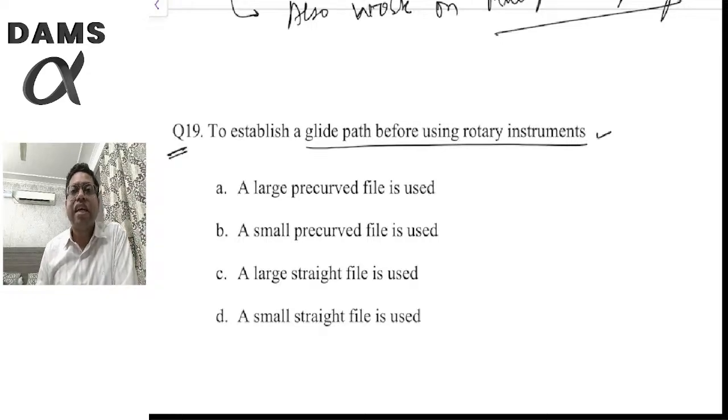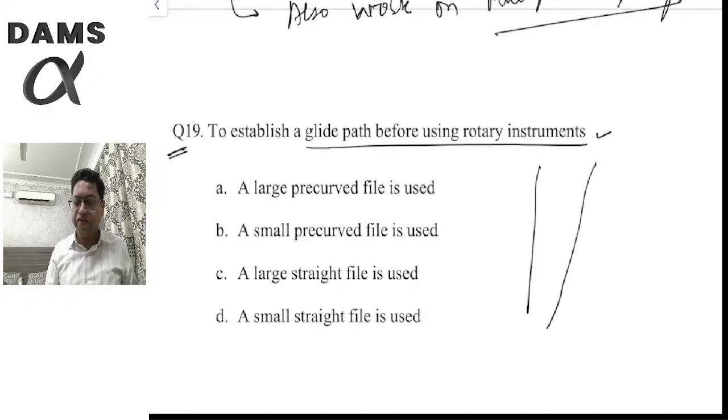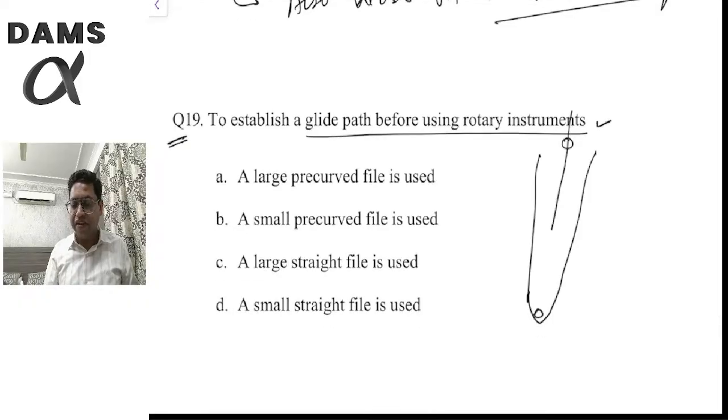That is called a glide path. Now what is gliding? Glide is an English word that is used in various contexts. Gliding means smooth sailing. So we need to create a path for the rotary instruments from the orifice to the apical foramen that is a relatively smooth and straight path.